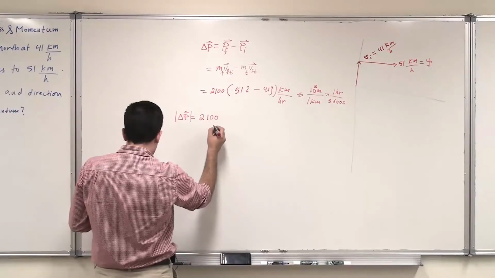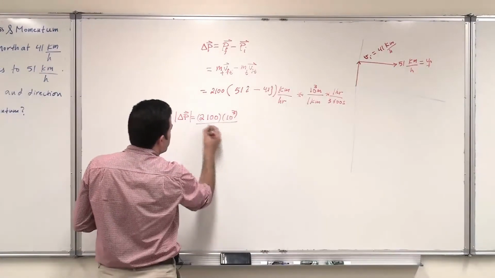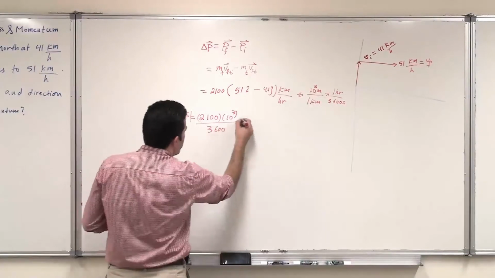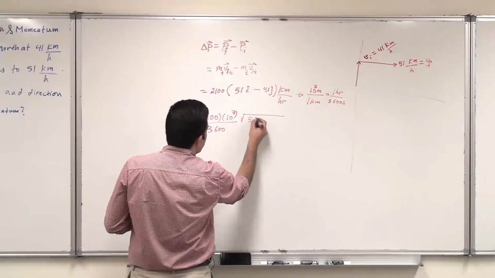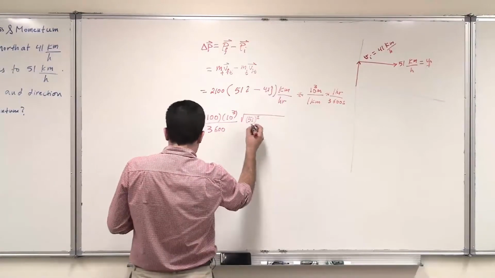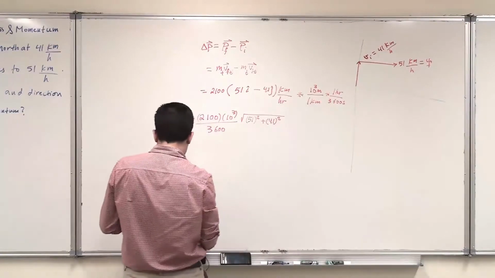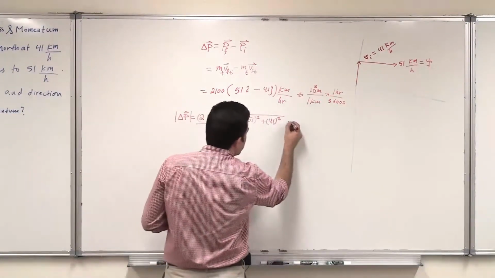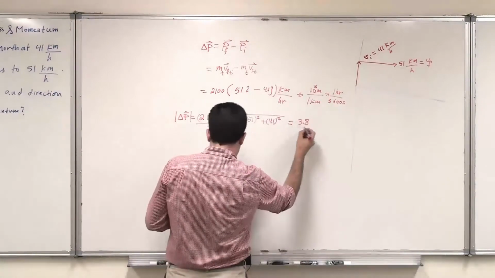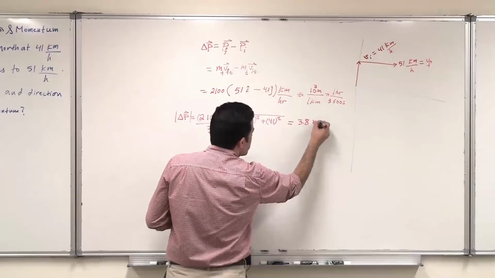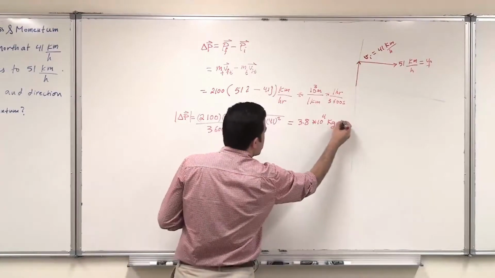So as a result, delta P, the change in momentum, its magnitude will be given as 2,100 multiplied by 10 to the power 3 divided by 3,600, and we take the square root of 51 squared plus 41 squared, and this will yield the magnitude of this change in momentum, 3.8 times 10 to the power 4 kilograms meter per second.